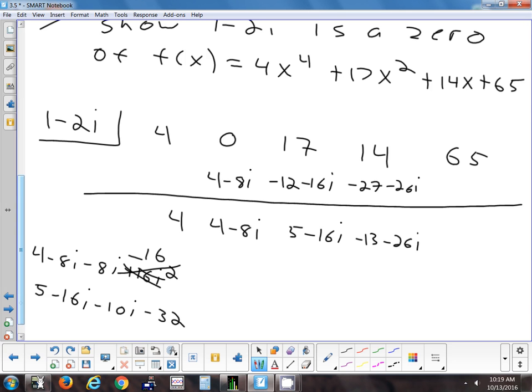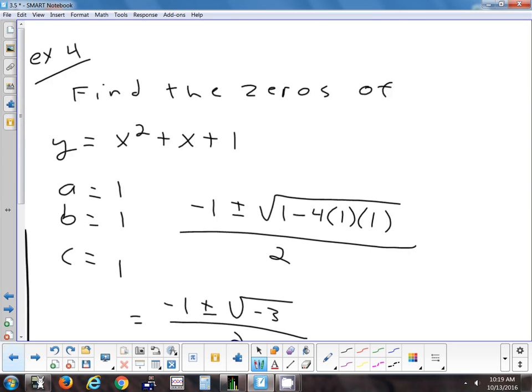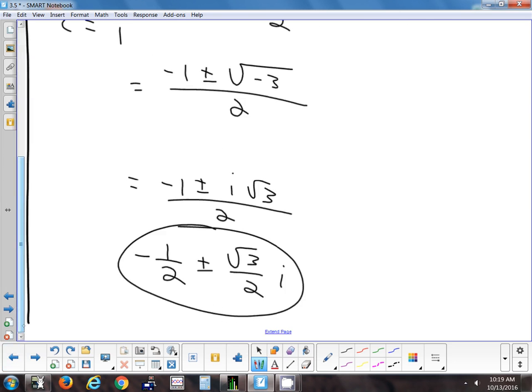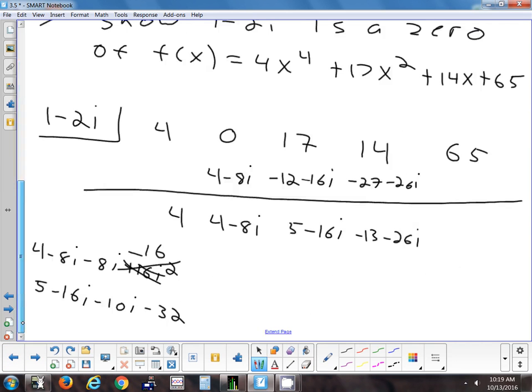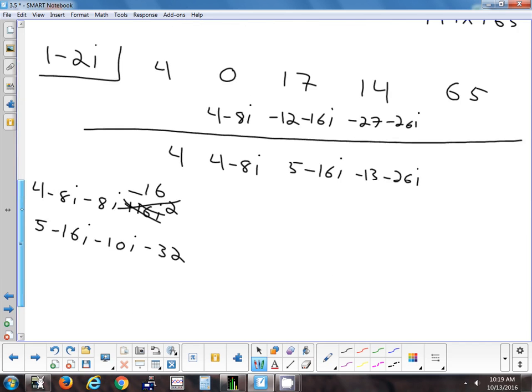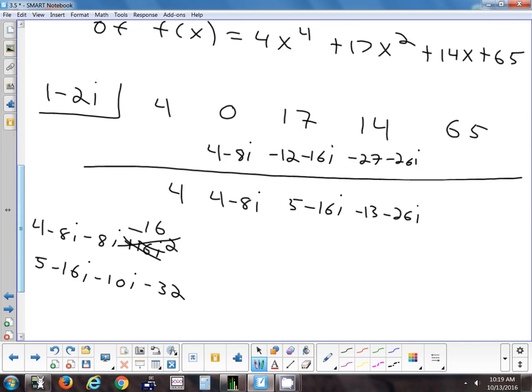Okay, now my last step, I'm hoping that I get negative 65 somehow, because I should get a remainder of 0. If I don't, then something's wrong. All right, so last step. What's 1 times negative 13? 1 times negative 26i? Negative 2i times negative 13.